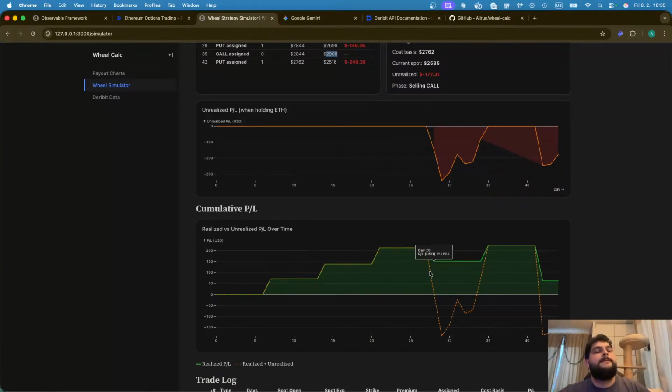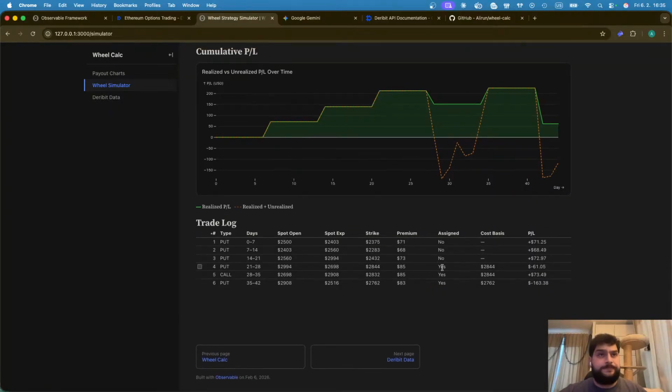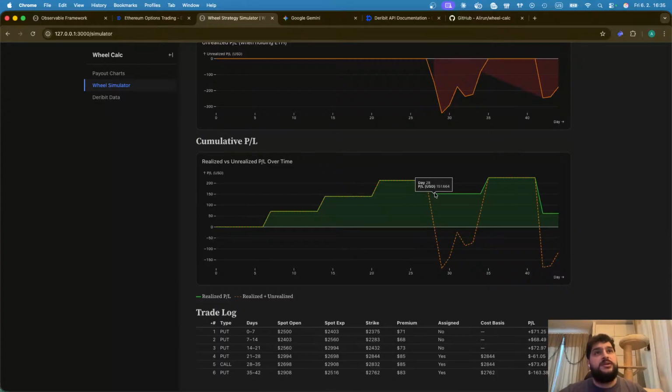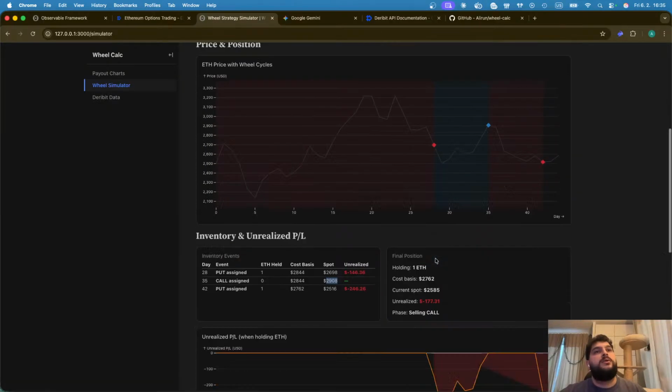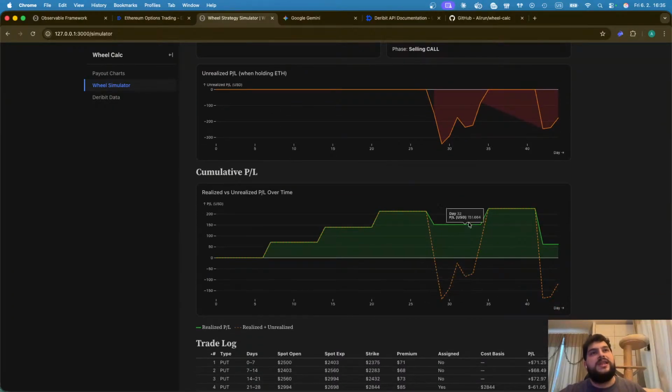We were assigned, and at this point we also sold the call option. So that's why our P&L did not drastically go down. And here the price kept going down, as you can see.